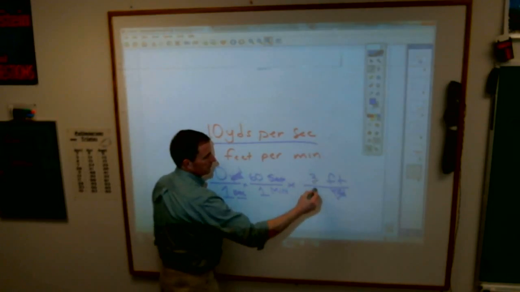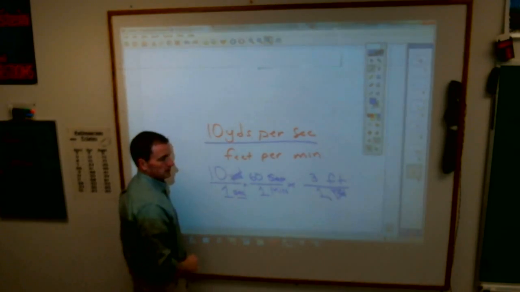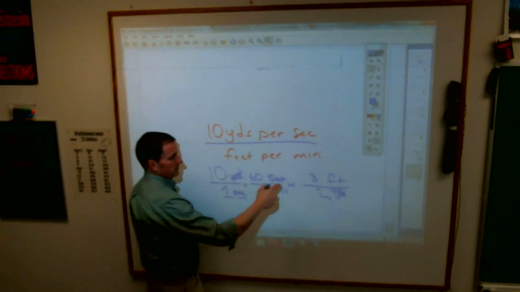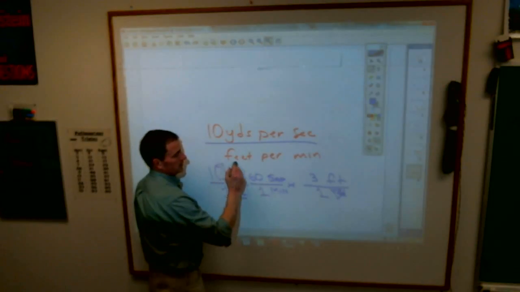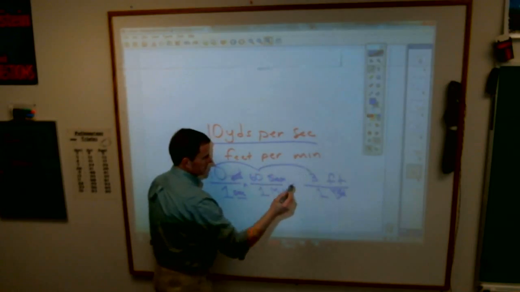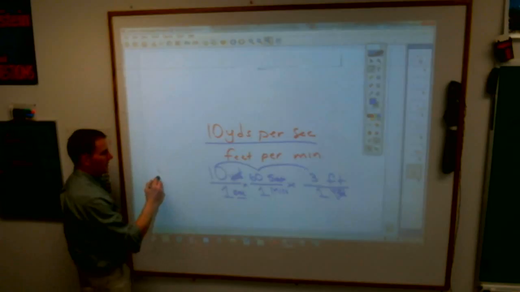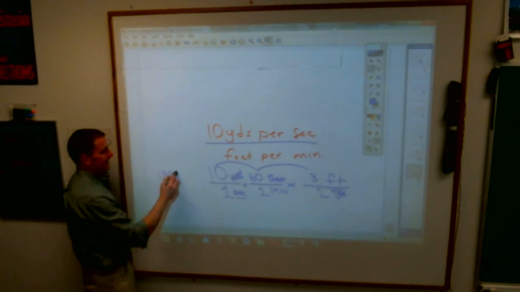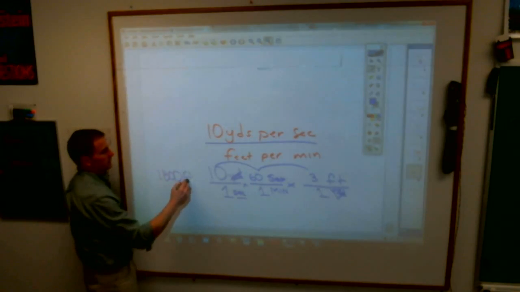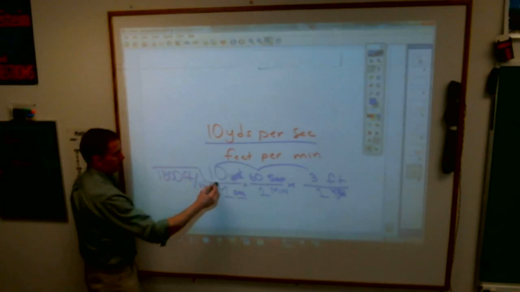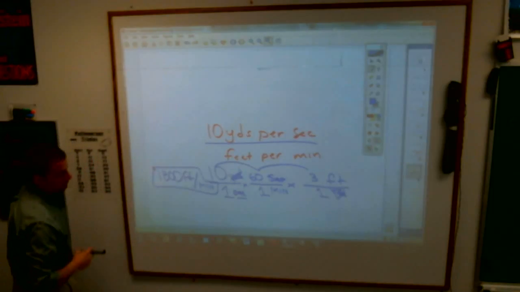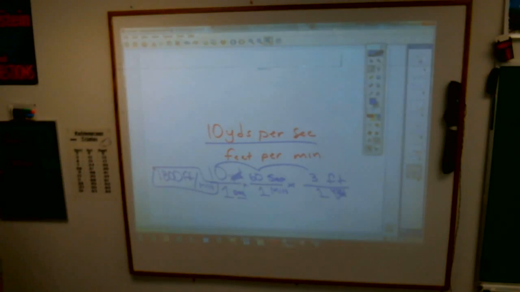I know there's 3 feet in 1 yard. So now my label's been changed into feet per minute. I just have to do the multiplication. 10 times 60, 600 times 3. 1,800 feet per minute. Using unit multipliers, it really takes all the guesswork on whether you multiply or divide.